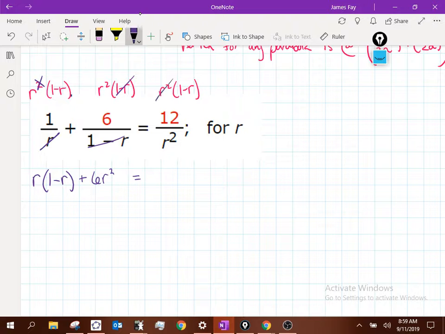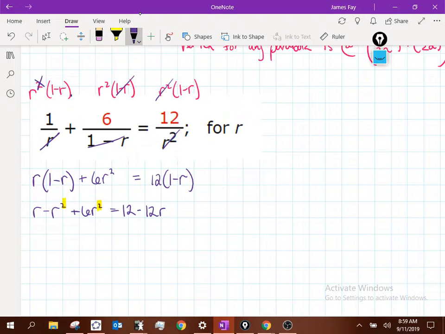And then over here, the R squared is going to cancel, and leaves me 12 times the 1 minus R. Now all I have to do is distribute.